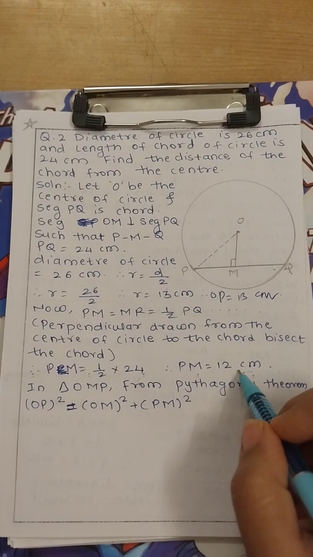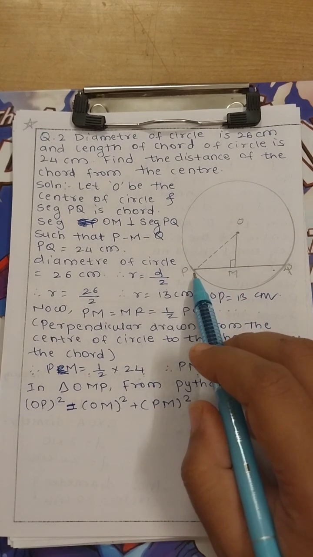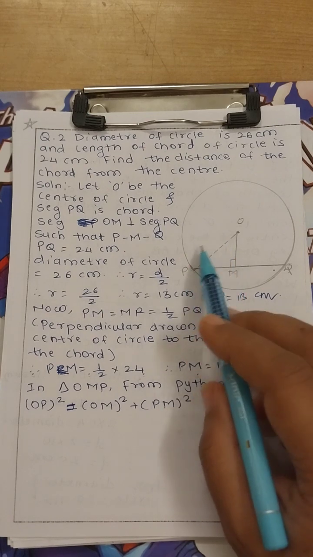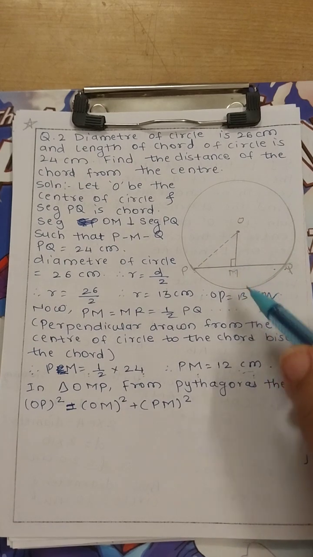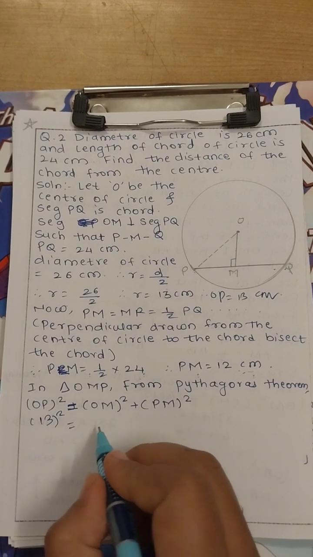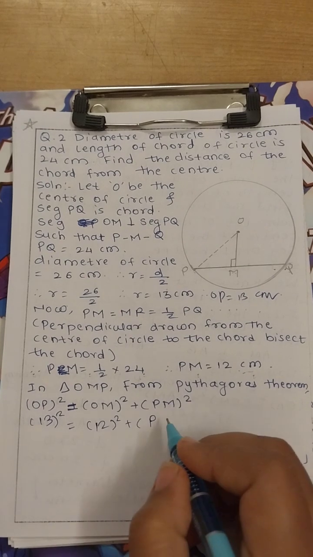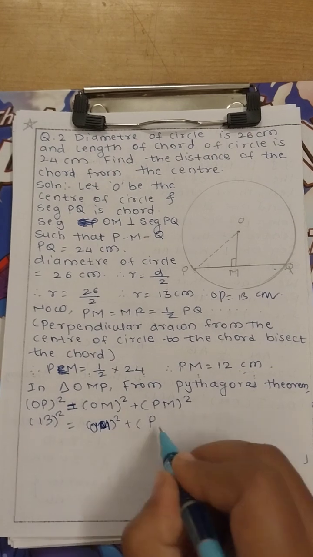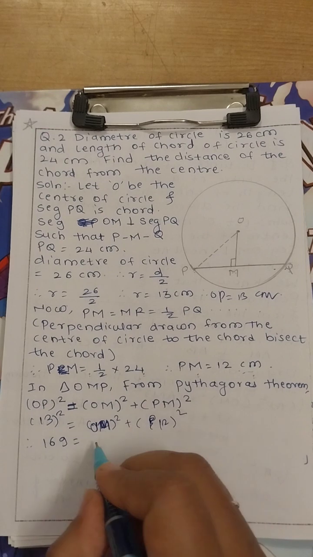Now which measurements have we calculated? PM and OP. Now from the Pythagoras theorem you can find the value of OM. Let's find out. OP is 13 square, which is equal to OM square plus PM square, 12 square. OM we have to find. 13 square is 169.